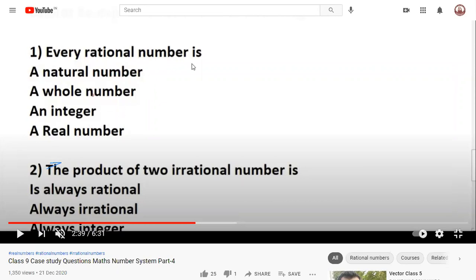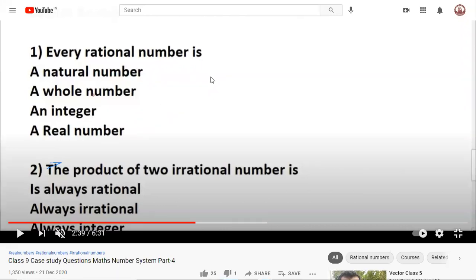Now the first question is, every rational number is a natural number. If I write 1 by 2, is 1 by 2 a natural number? 1 by 2 is a rational number, but it is not natural, it is not whole, it is... Yes Dia, an integer?